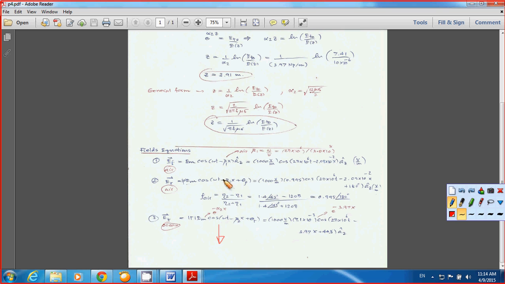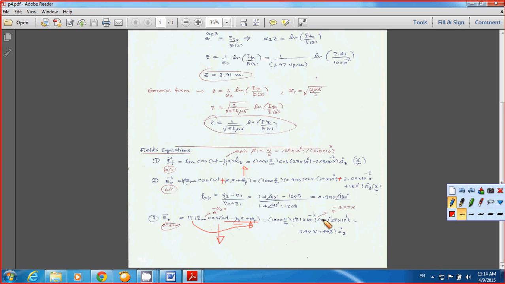But for this one, I think I did something wrong here. It's supposed to be the positive sign, right? Because the reflected electromagnetic wave has to go in the negative x direction, and this one also becomes positive. But the transmitted wave is still moving in the positive x direction. That's why I have negative beta 2 x here. And also with the phase angle of tau, you need to add it to the phase here.